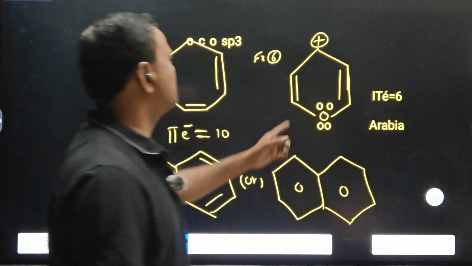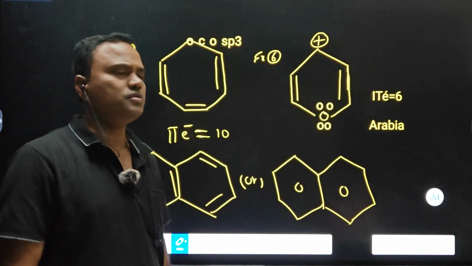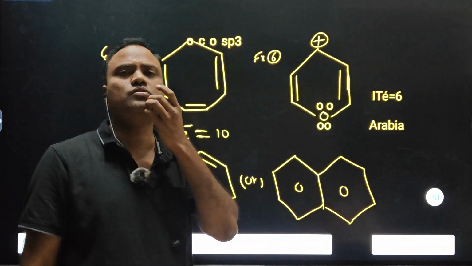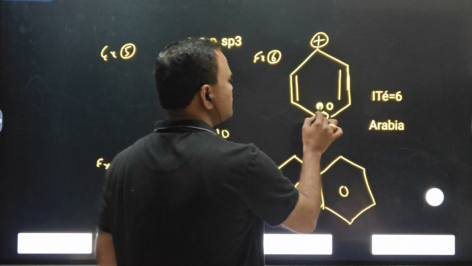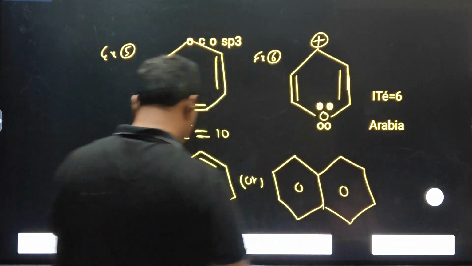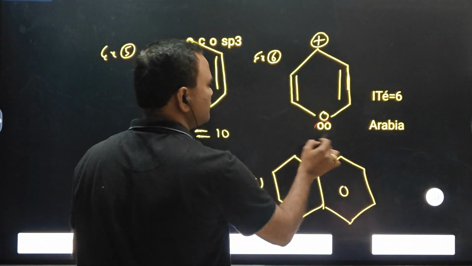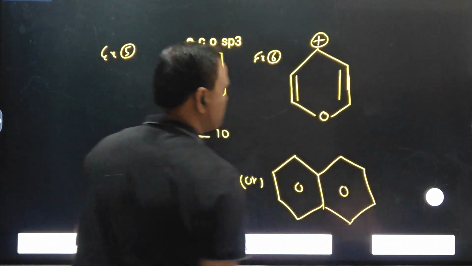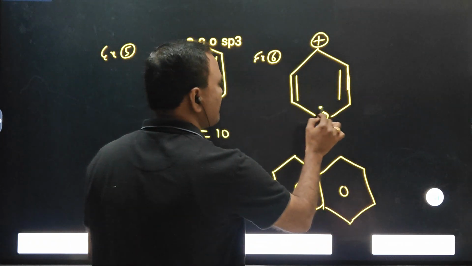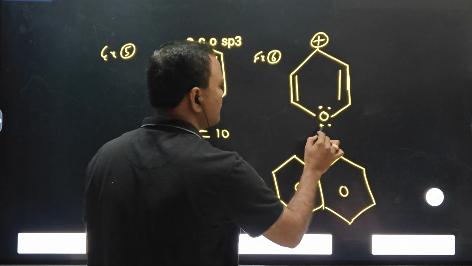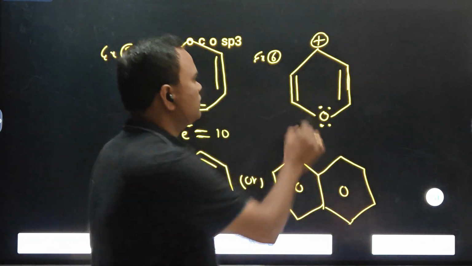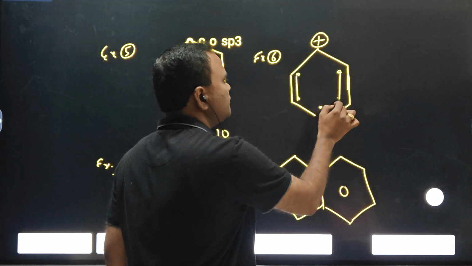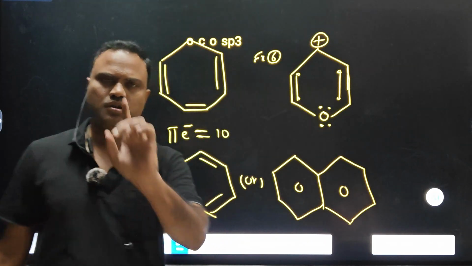See, sixth example is aromatic because oxygen is present. I said to consider one lone pair on the oxygen. Okay, this lone pair only. Just a second, I'll explain this example. 1, 2, 3, 4, 4 pi electrons.